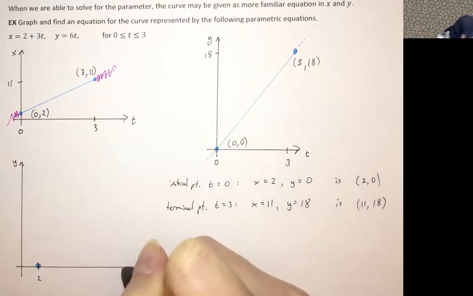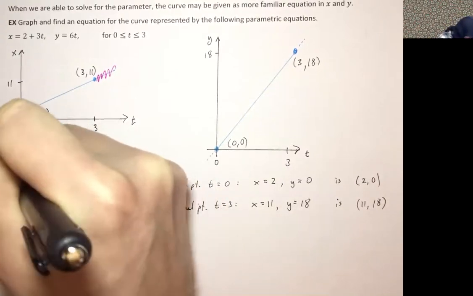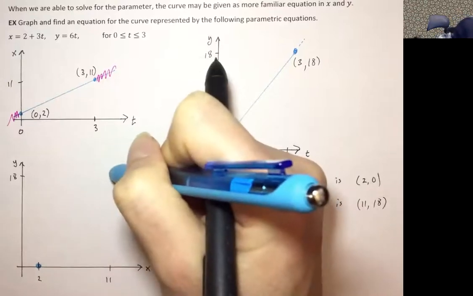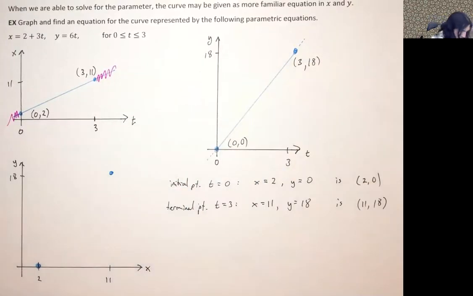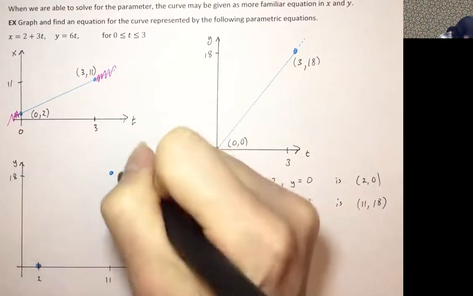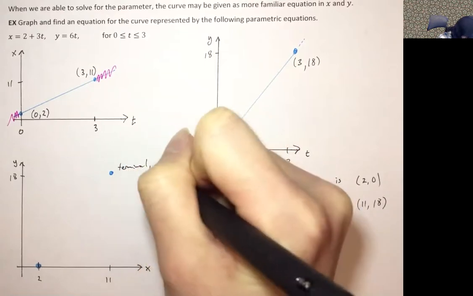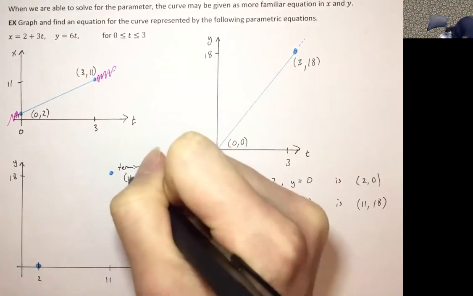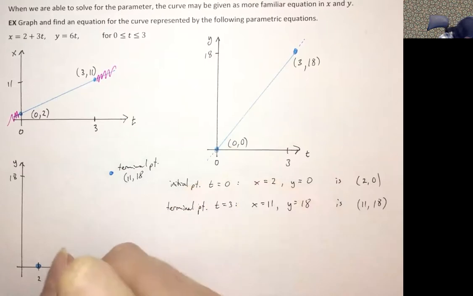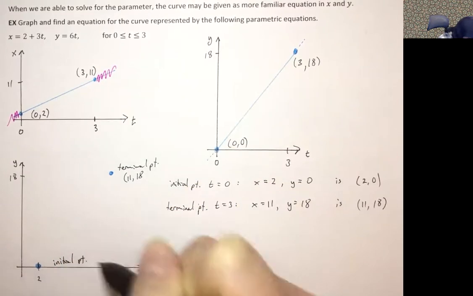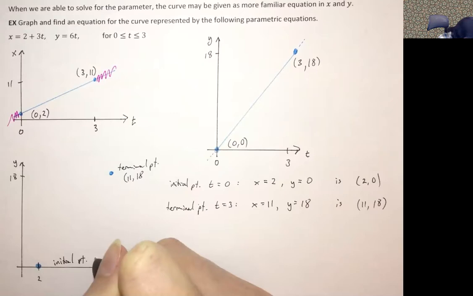And so we're going to need something over here, 11, and something way up here, 18. Okay, and we've got this terminal point right there. So let's go ahead and label these. Our terminal point, 11, 18, and our initial point, which is, of course, 2, 0.